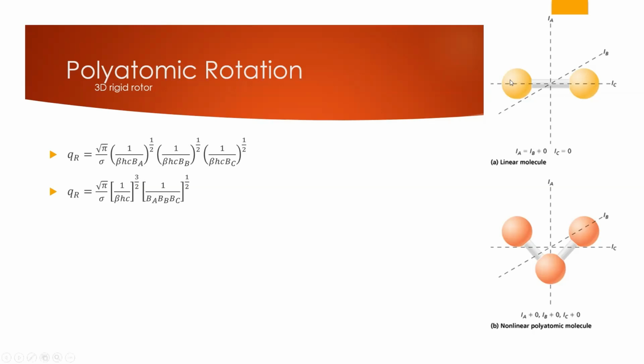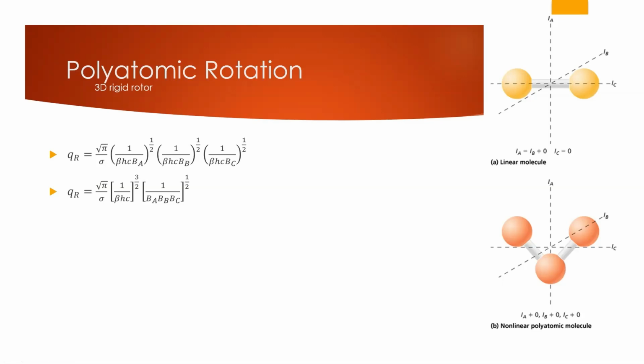We can't tell which of these atoms is which in any given rotation. So to account for this, we divide by a symmetry factor that reflects the number of identical states. So for this molecule here, it would be 2. That would be the sigma here, and this sigma would be 2.